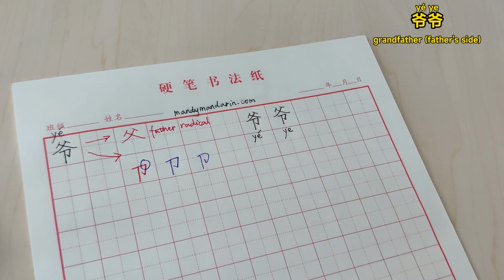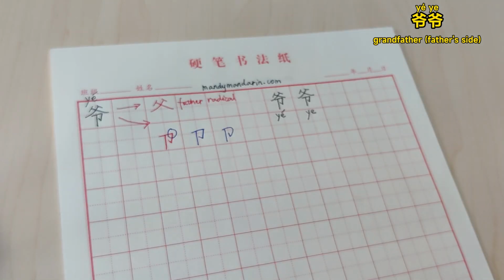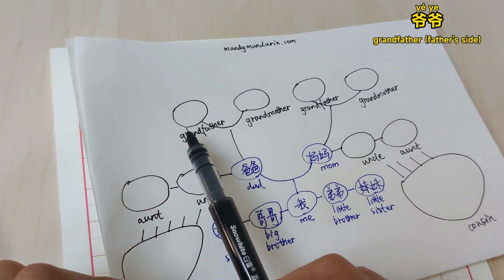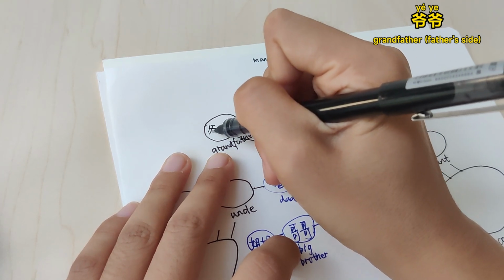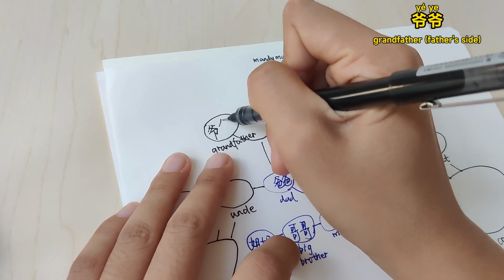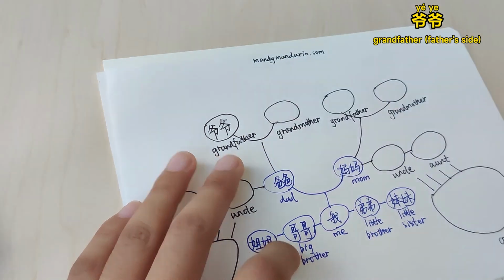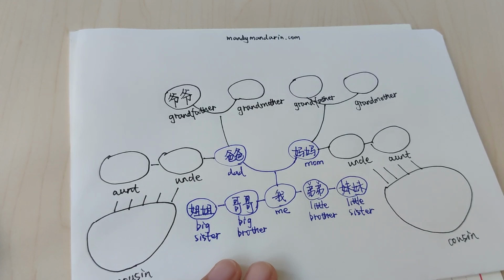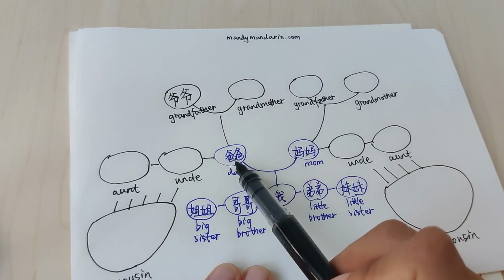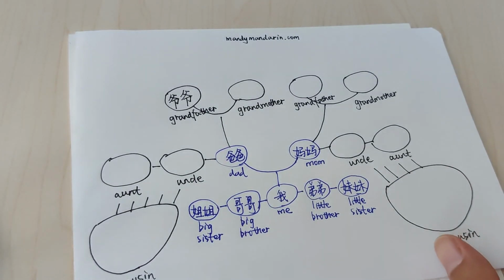It just makes it easier to pronounce. Now we take the word 爷爷 and fill it into the blank. 爷爷. Very good. Let's continue with the grandmother from the father side, 奶奶.